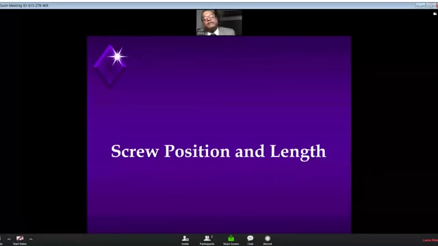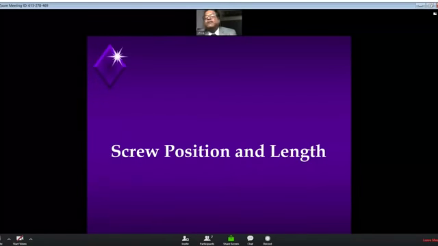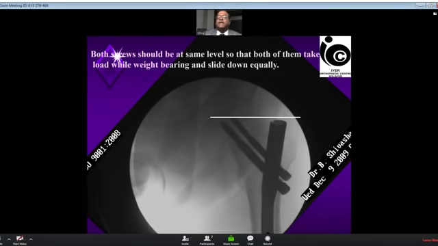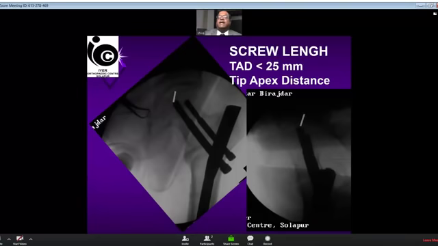That brings us to the next variable, the screw position and length. Again, this picture, since you can see the X-ray itself, I did in 2009. I have been using this same picture repeatedly in all my presentations since 2009. Both the screws should be at the same horizontal level so that both of them take the load simultaneously and slide.